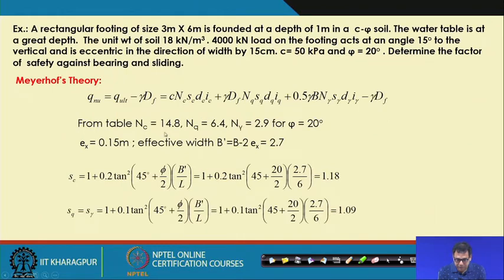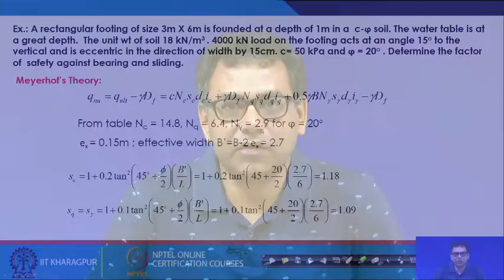As I mentioned earlier also, if the phi value given in the table is within a range, suppose the values are given for 20, 25 or 30 and your phi value is 22 degree, then you have to linearly interpolate between the given values.